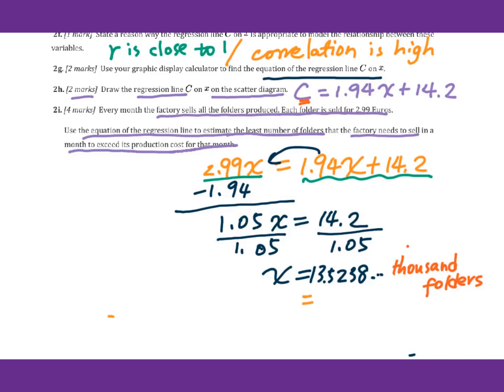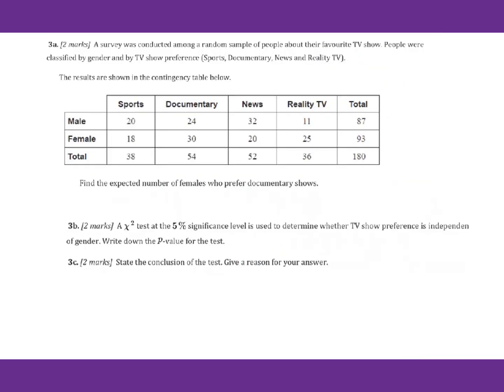Therefore, 1,000, that means we need 13,524 folders. Remember, no matter what this number is, you have to round up because we have to exceed its production cost for that month. Let's go to 3A.